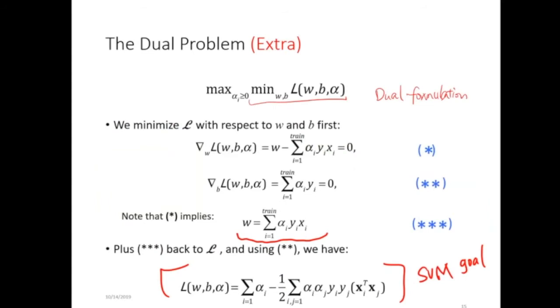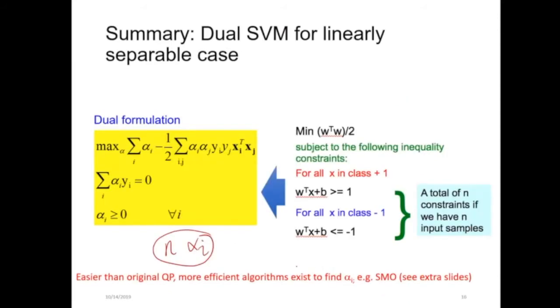This is my revised formulation. My older goal was to minimize over W and B. Now I maximize, and there's a reason why I maximize. I'm going to talk about it next time, so just memorize it for now. Now I'm trying to maximize this newly formulated dual form of the objective function, at the same time satisfying the constraints required through the W and B derivation.